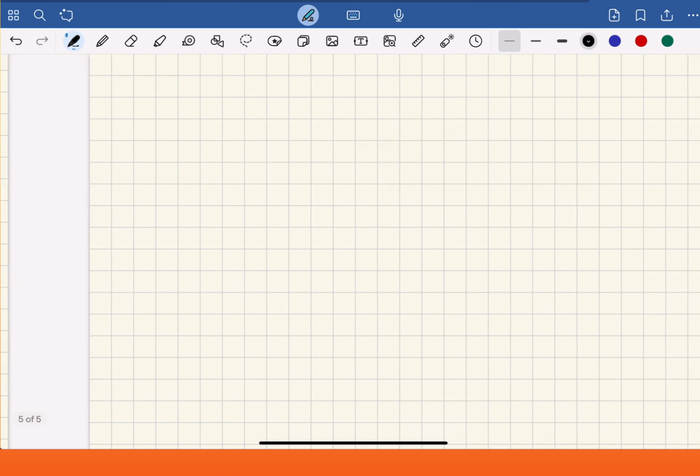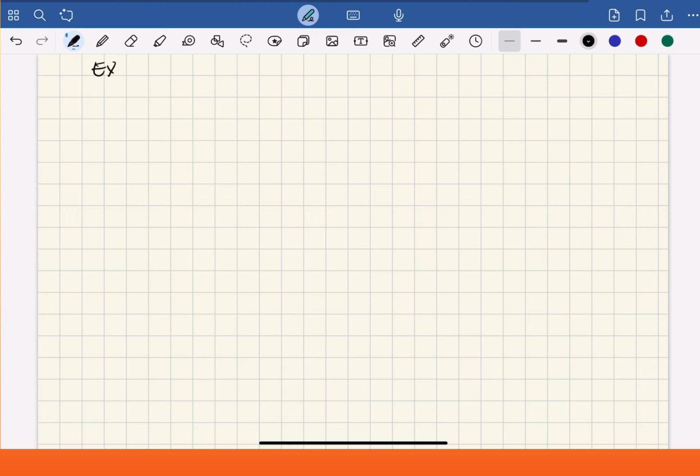So we're going to do an example. In this example, we're going to convert 0.38 meters to millimeters. Again, you want to start with a conversion factor.